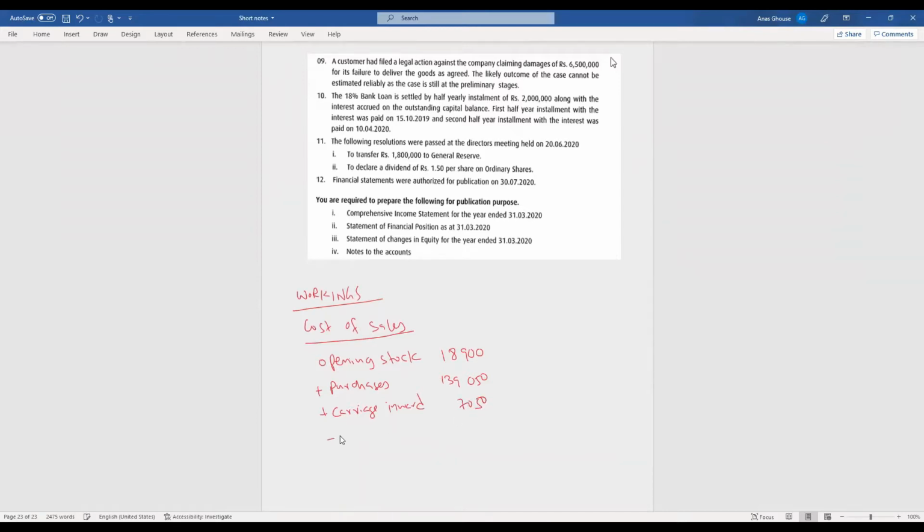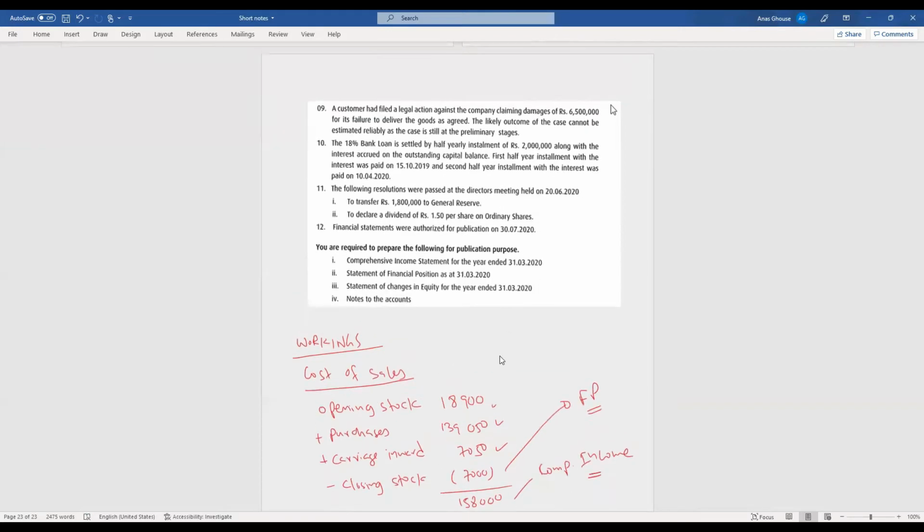Then you need to deduct the closing stock, which is given in the additional information as 7,000. Once you take this total, the cost of sales will be 158,000. This should be in the comprehensive income statement. Because we have taken the opening stock, purchases, and carriage inward, the closing stock will reflect in the financial position, so we'll update that section first.